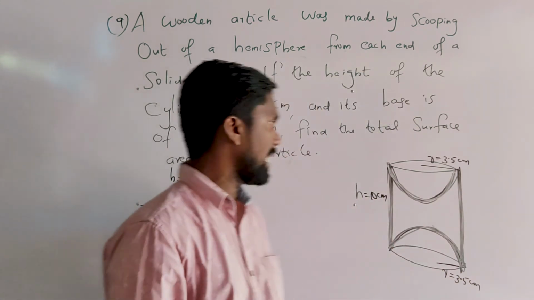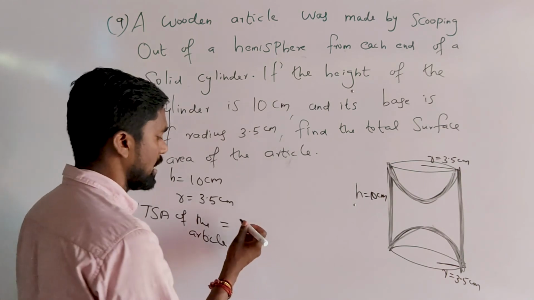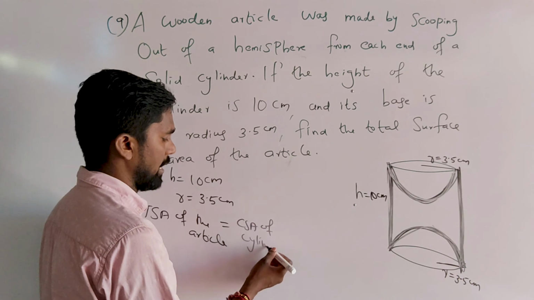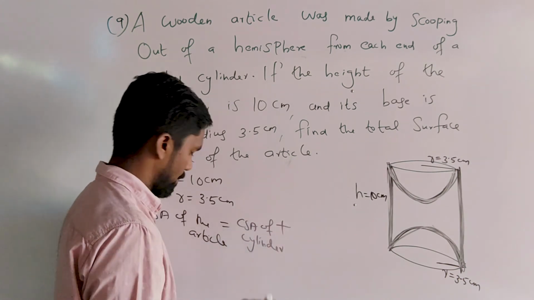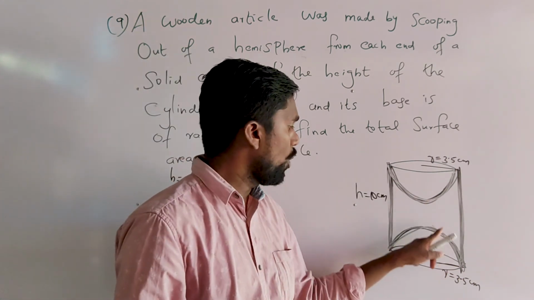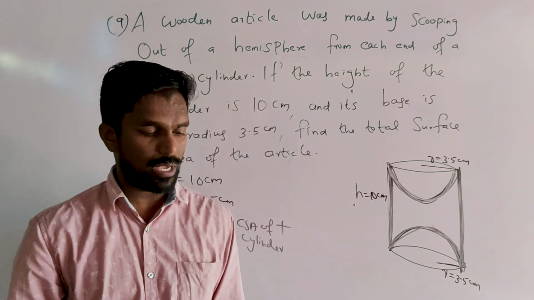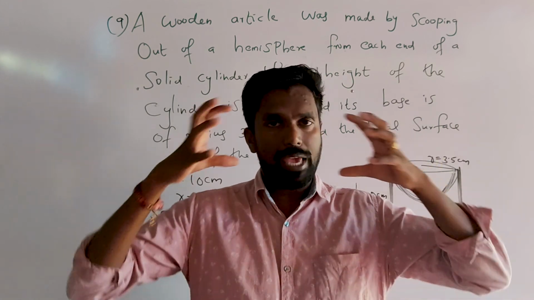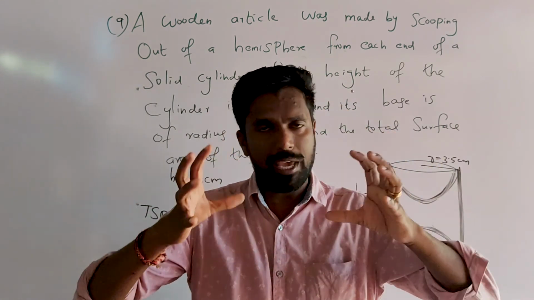Total surface area of the article means CSA of cylinder plus 2 into CSA of hemisphere. You can write it just like the medicine capsule problem. If you join 2 hemispheres together, you will get a sphere.